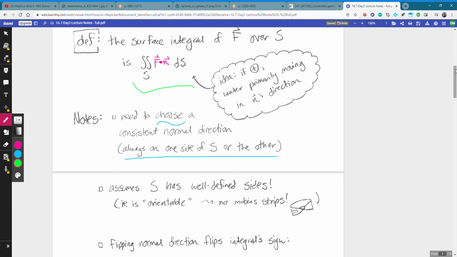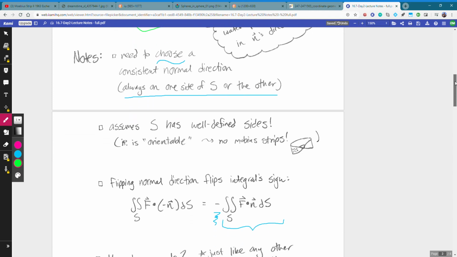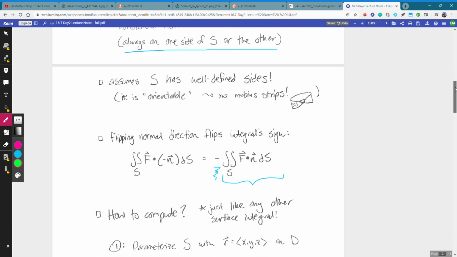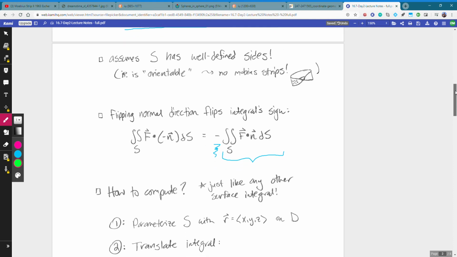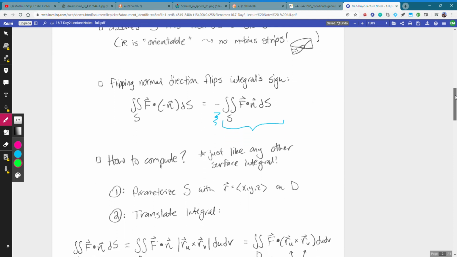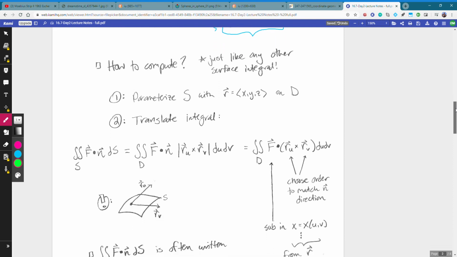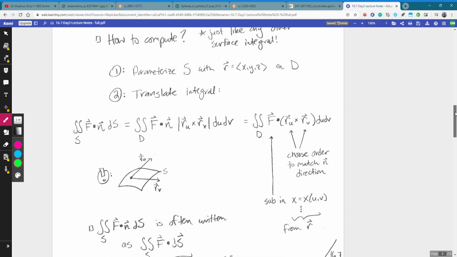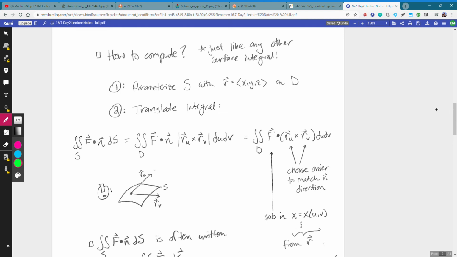We have our two-step process for success. And what's cool is that similar to our line integrals for vector fields, our surface integral for vector fields have a nice simplification that happens as well.